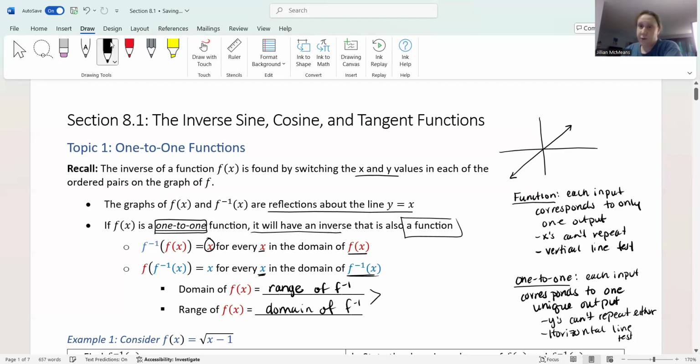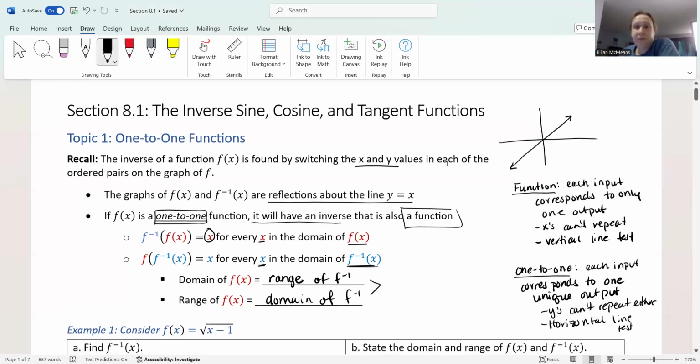For a function and its inverse, we swap the domain and range. The domain of one is the range of the other. The range of one is the domain of the other. That's a super quick review of a bunch of stuff you did in 171.